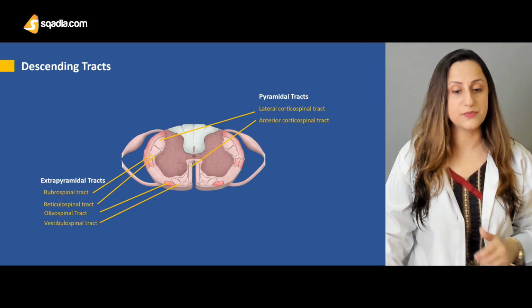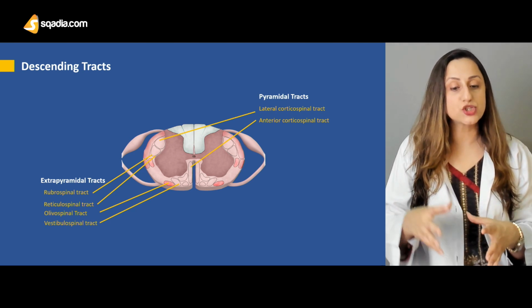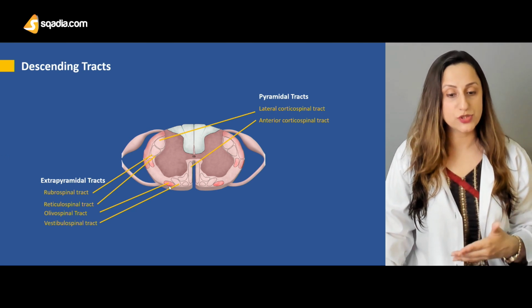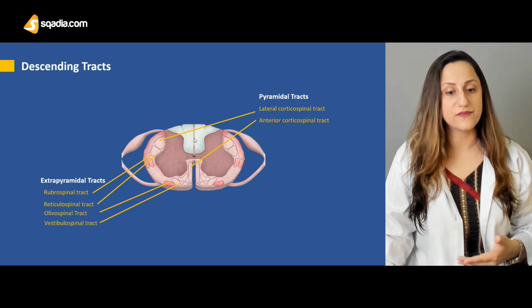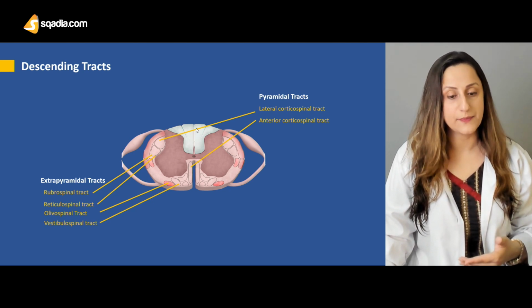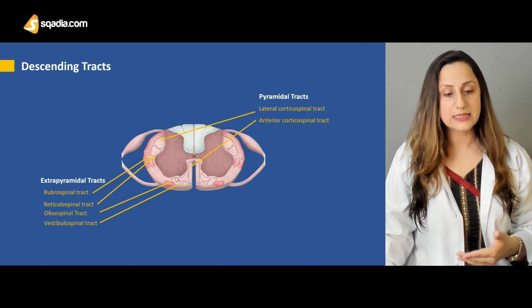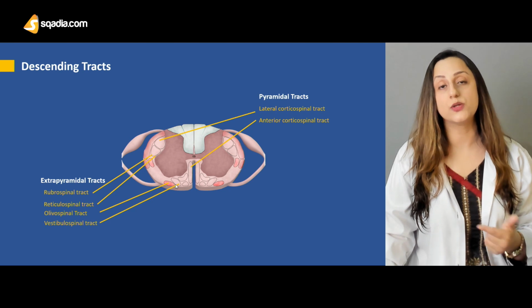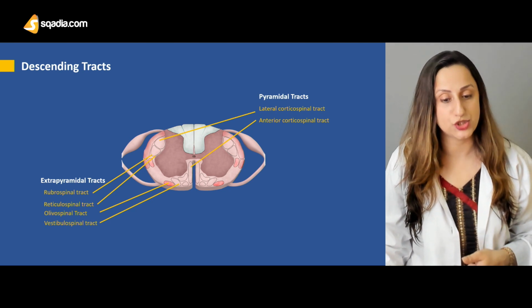It's again placed a bit anteriorly, and it's much closer to the anterior median fissure. When we look at the structure of the spinal cord, this is the anterior median fissure, and then we have the posterior median fissure lying opposite. So the olivospinal and the vestibulospinal tracts are in close relation to the anterior median fissure.